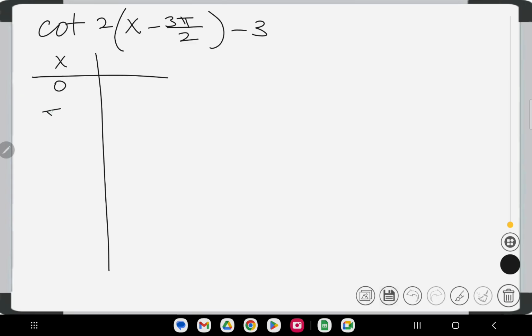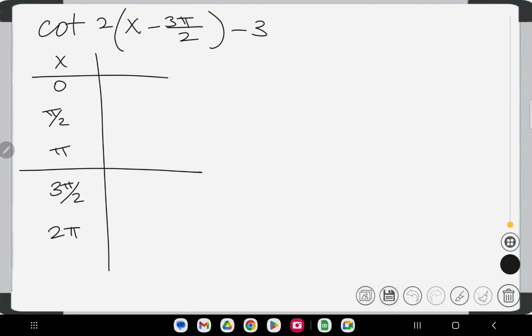So 0, pi over 2, pi, 3 pi over 2, and 2 pi. Now, I guess really we only need up through pi because the period is pi, not 2 pi. But that's okay. We can do it all.